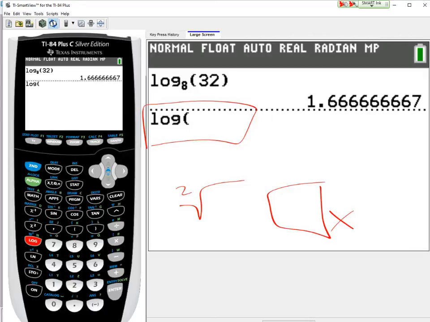Our base system isn't 2. We're not binary. It's base 10, right? You guys remember counting base 10? So when you do log with no base there, understand that it's base 10. If there's log with no number down below in the base, it's going to be a base 10 number.